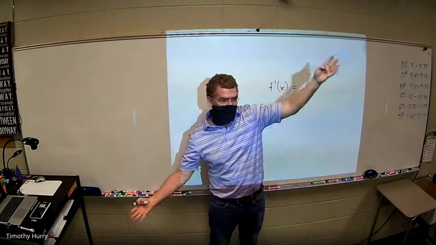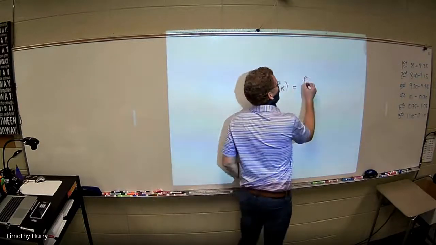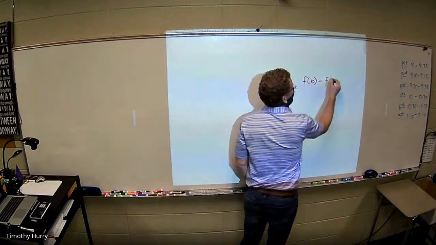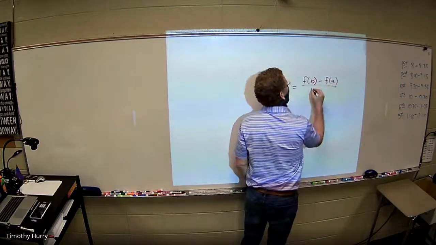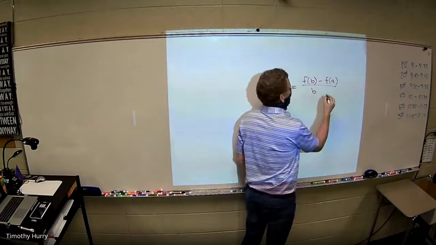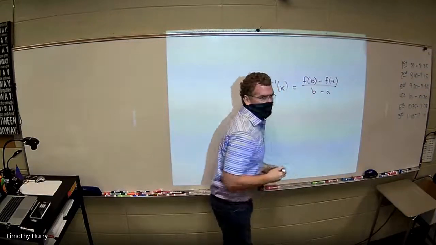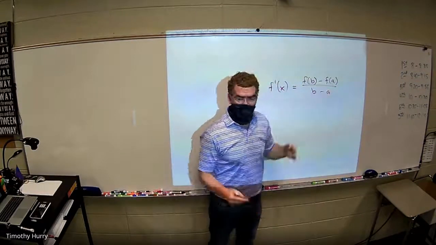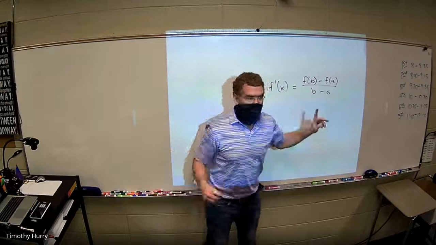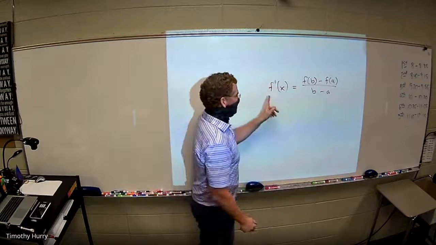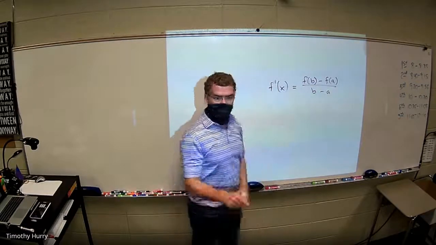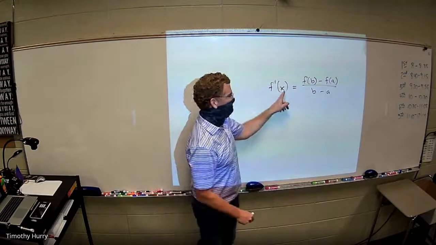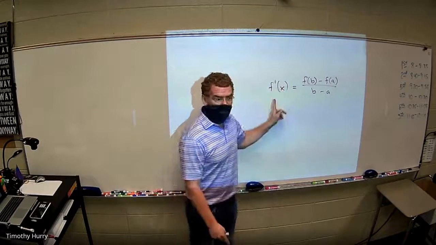And the slope from beginning to end would be the y value at b minus the y value at a, over the x value at b minus the x value at a. So the slope from beginning to end, where the beginning is a and the ending is b, is going to equal the slope of the function somewhere, and sometimes they use c in there, whatever. It's going to at least once.